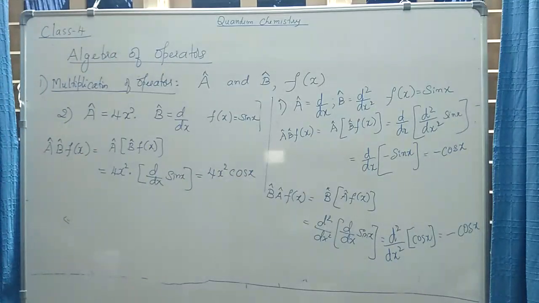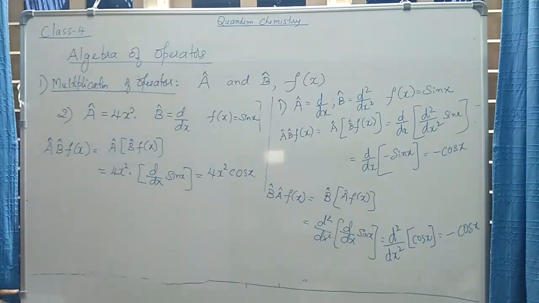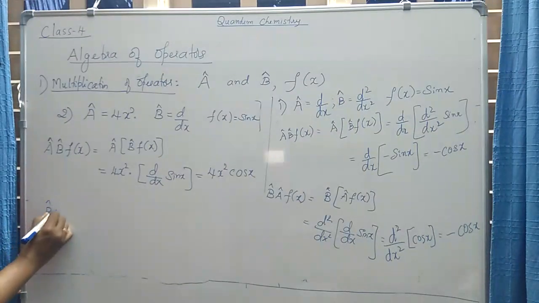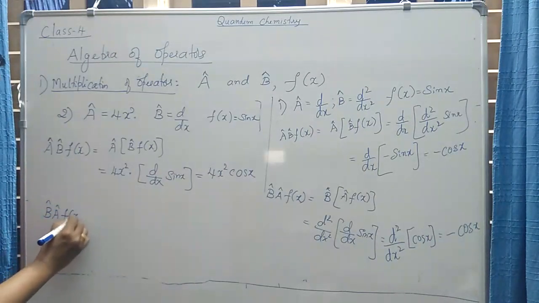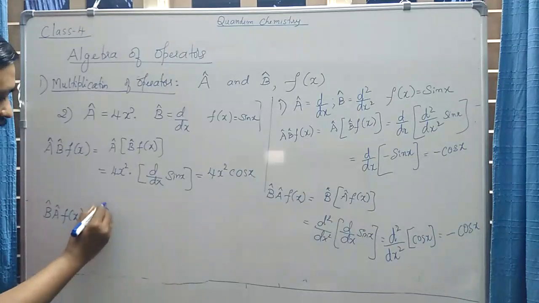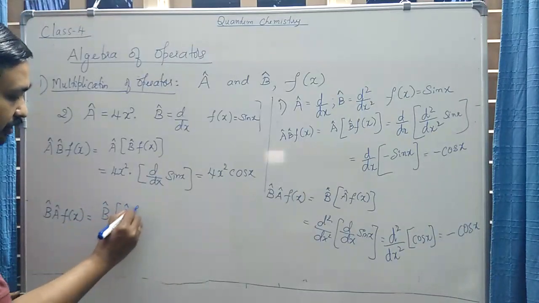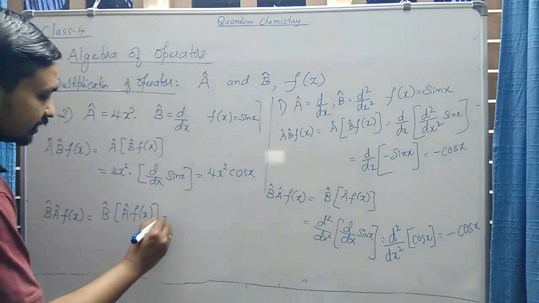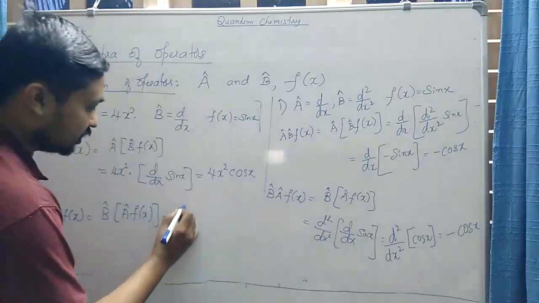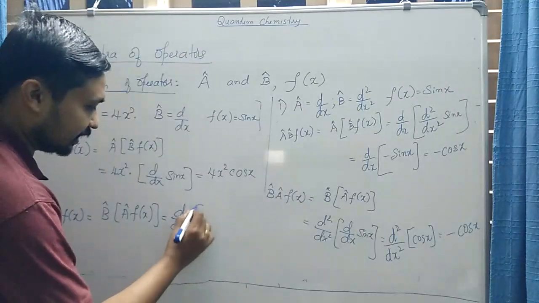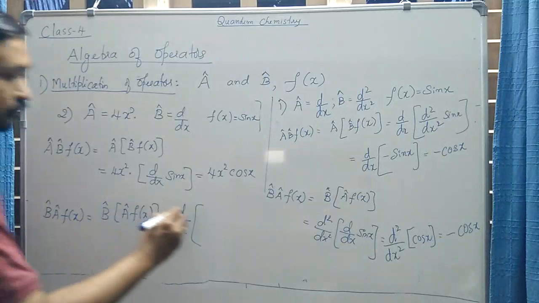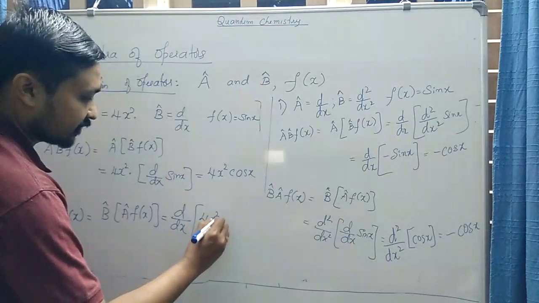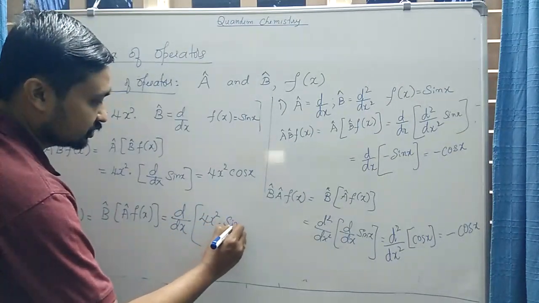On the other hand, let us try to calculate B into A. B into A of f of x is B of A of f of x, that is, what is B? D by dx, it is applied later, of 4x square into sin x.